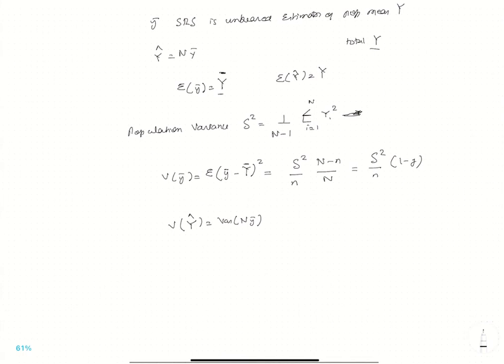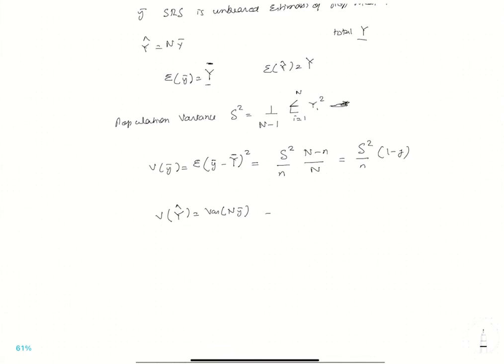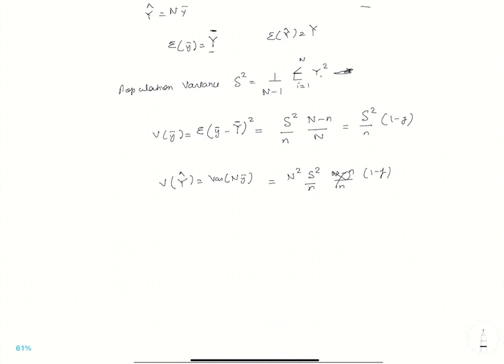So you can just take the N out, and then you just do the variance of y bar, which is just S square upon n minus N upon N, or you can write this whole thing as S square upon n times (1 minus f). So that becomes the variance of y hat.